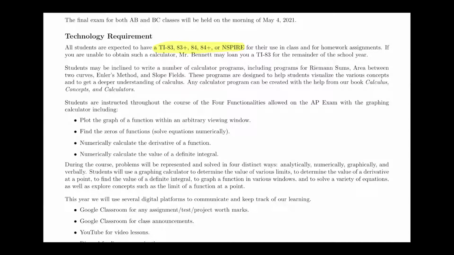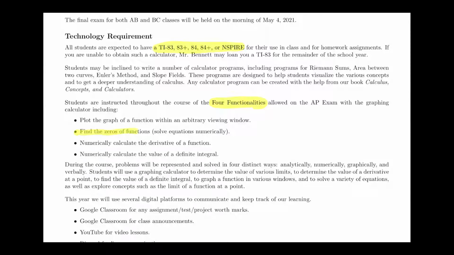We'll talk a little bit as well about what's allowed to be used on a calculator. We will be writing some programs for our calculator that will help us visualize some of the concepts in calculus. But on a test, there are the four functionalities. This is an AP College Board phrase. These are the four things you're allowed to do on a test. You're allowed to plot the graph of a function within an arbitrary viewing window, which basically means you can graph functions.